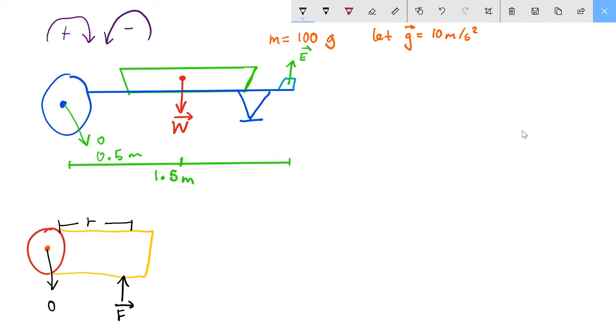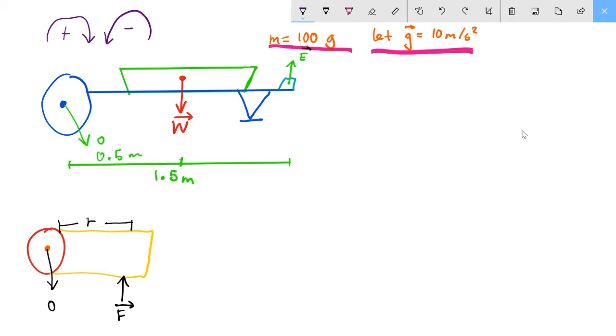Now, for this problem right here, mass equals 100 grams, and let g equal 10 meters per second squared. We need to find E, the effort force. How much is the effort force?